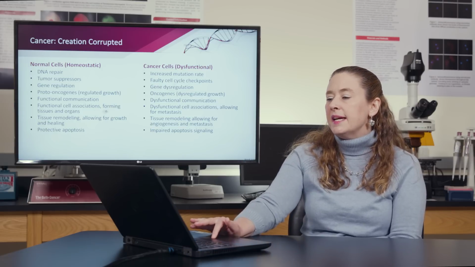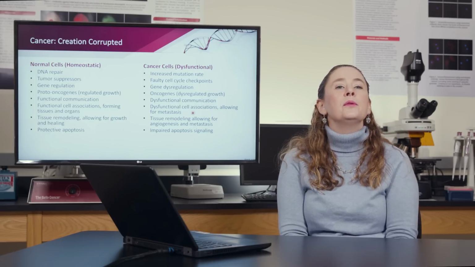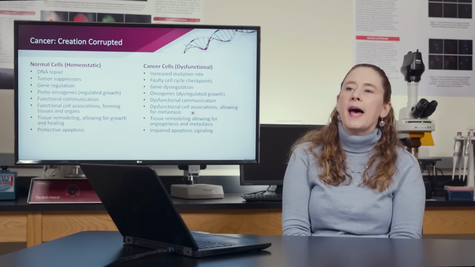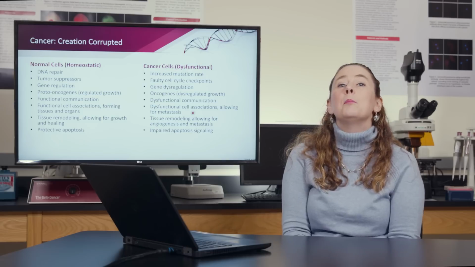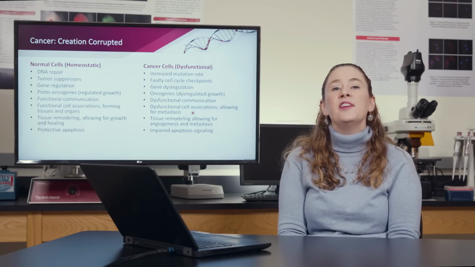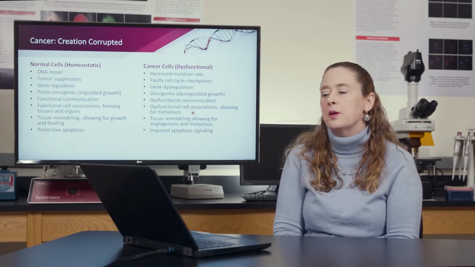However, what you see in cancer are dysfunctional cell associations. We're going to look at a model of this, but if you've ever heard of the word metastasis in cancer, you probably know it's not a good word. What metastasis means is that the cancer cells are able to invade space that doesn't belong to them and spread to other places in the body.